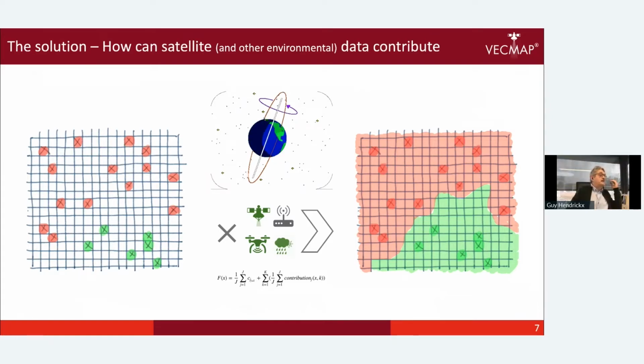For instance, if this is a map of a country and you want to estimate in each grid cell the probability of presence of a given vector, you want to sample as little as possible to reduce the costs. And then you would combine that with a set of covariates which are available for the entire set of grid cells.